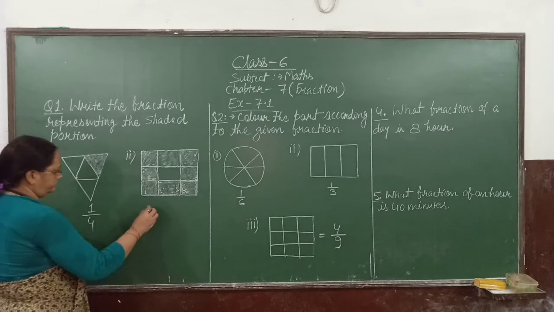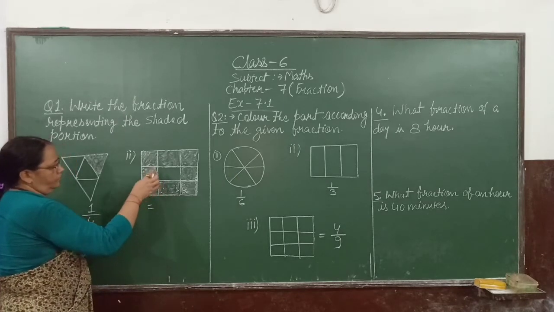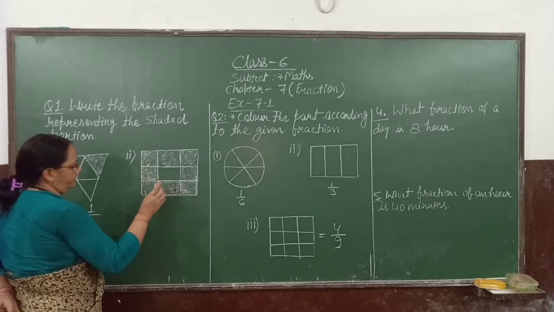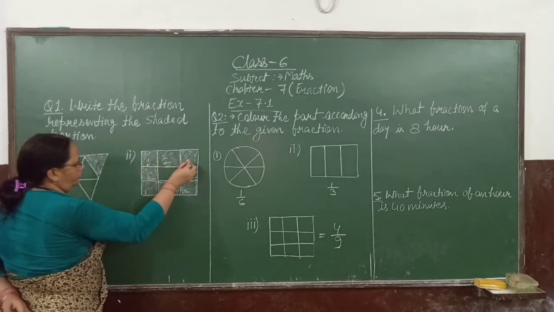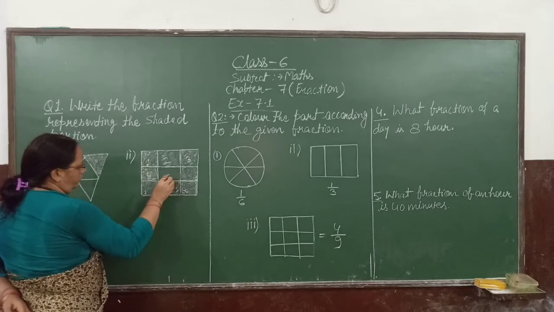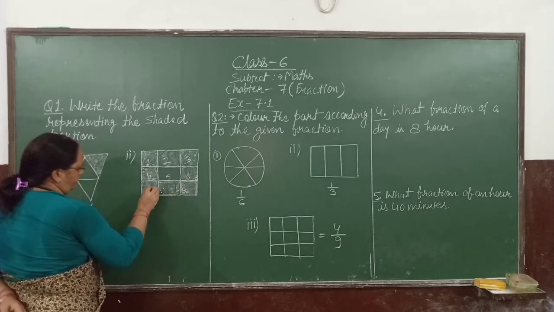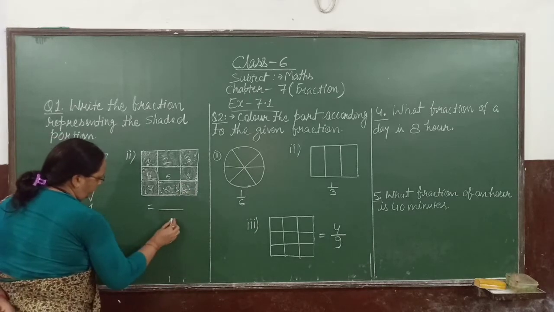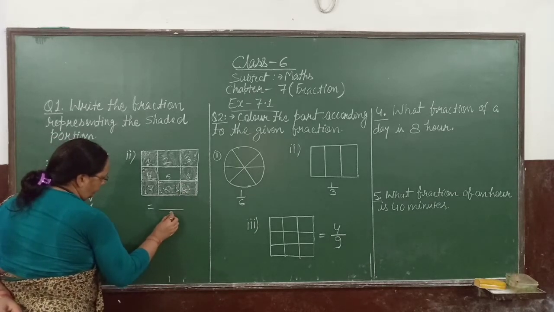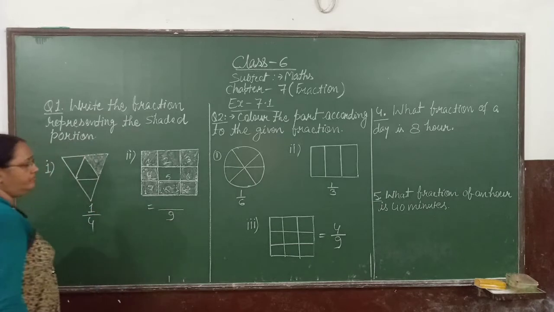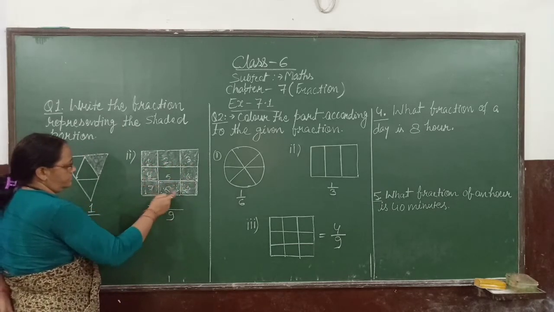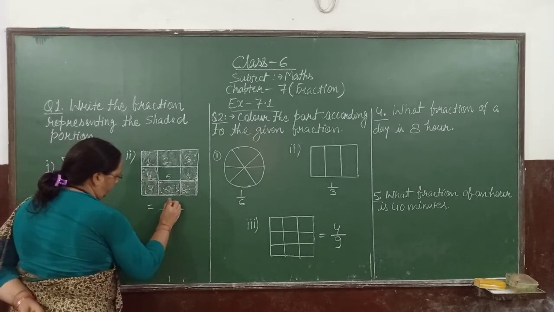And here the whole is 9 parts, 1 to 9. The whole goes in the denominator, that is 9, and the shaded part is 8. So, 8 upon 9.